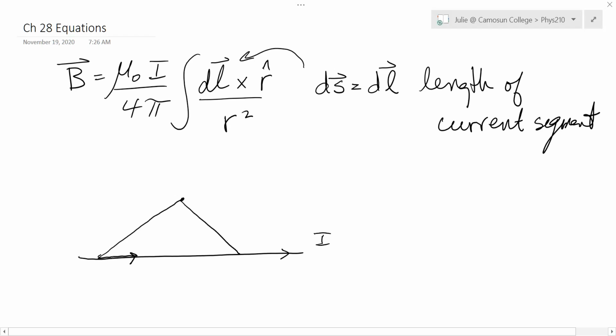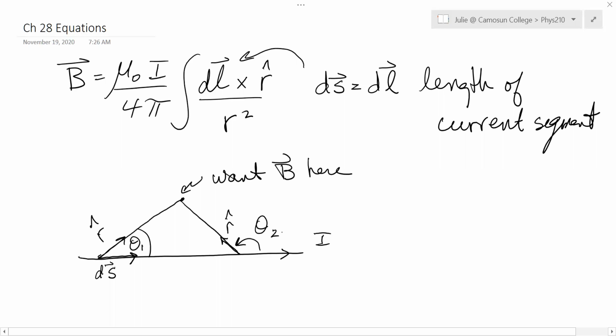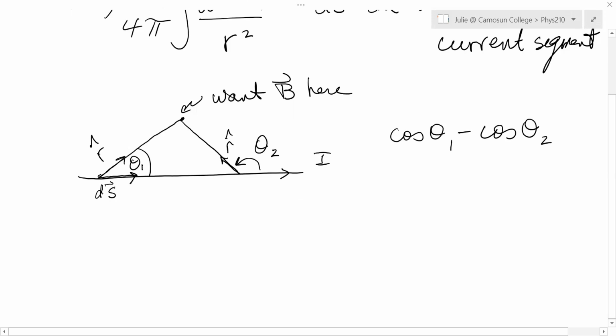Okay, so dS points along the wire, r hat points, we want B up here. And so that's r hat. And so I use this angle, theta 1, and then r hat on the other end of the wire points there, and I use this angle theta 2. And the formula has a cos theta 1 minus cos theta 2 in it for the magnetic field. But let's just have a look at how that works.